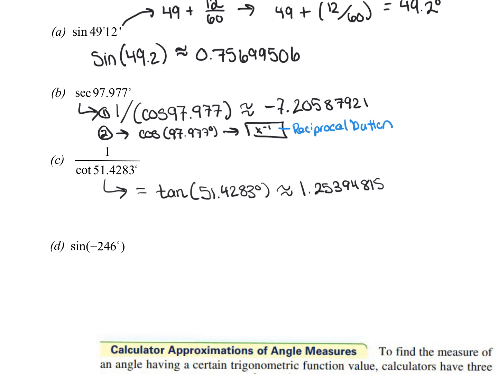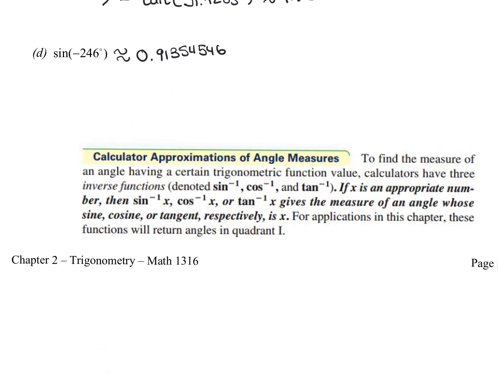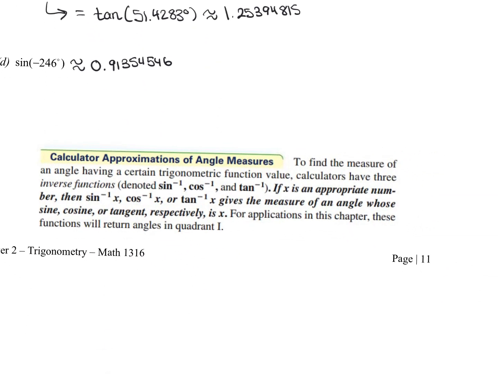The last one, it's just sine of an angle. It's just not a 30, 60, 90 special triangle angle. So when you type it in, you should get 0.91354546.